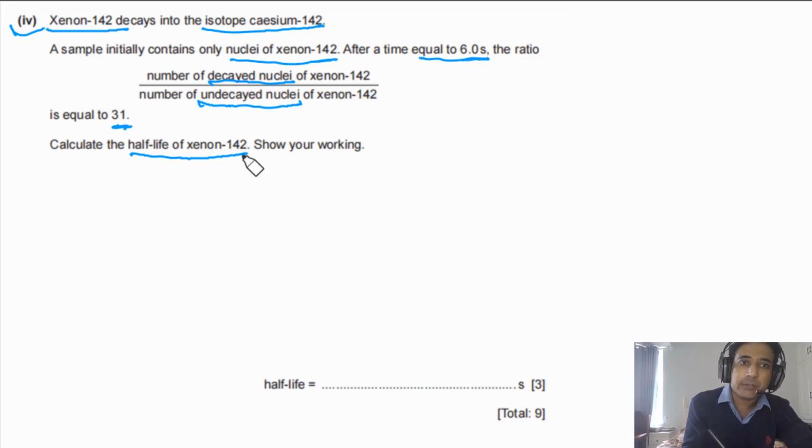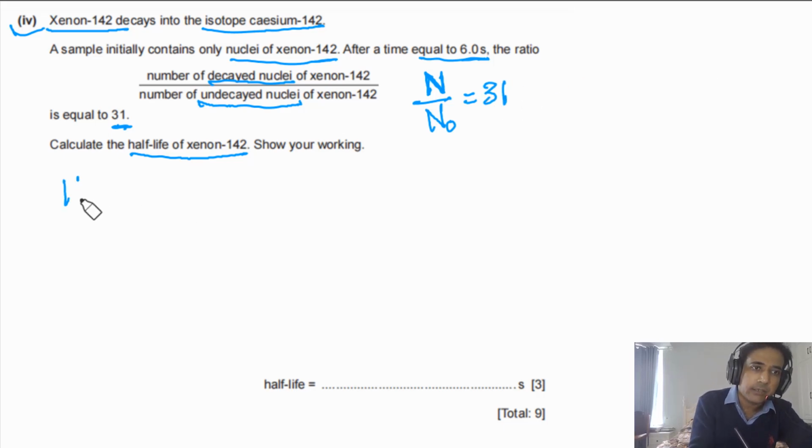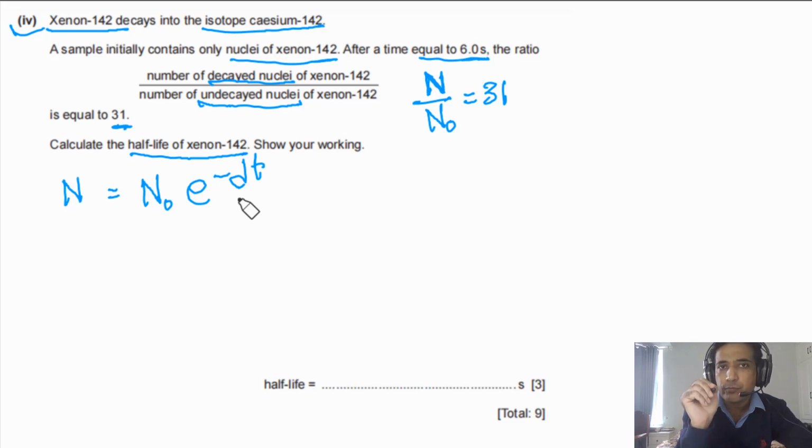When some students look at this question, they will interpret it like this: N over N naught is equal to 31, and then they will use the formula N is equal to N naught e to the power of minus lambda t, and try to figure out the value of half-life.